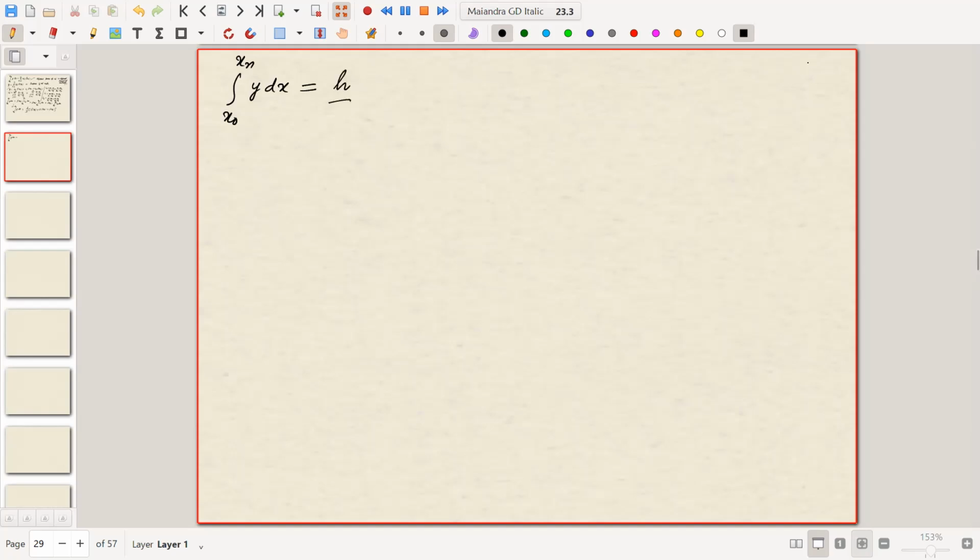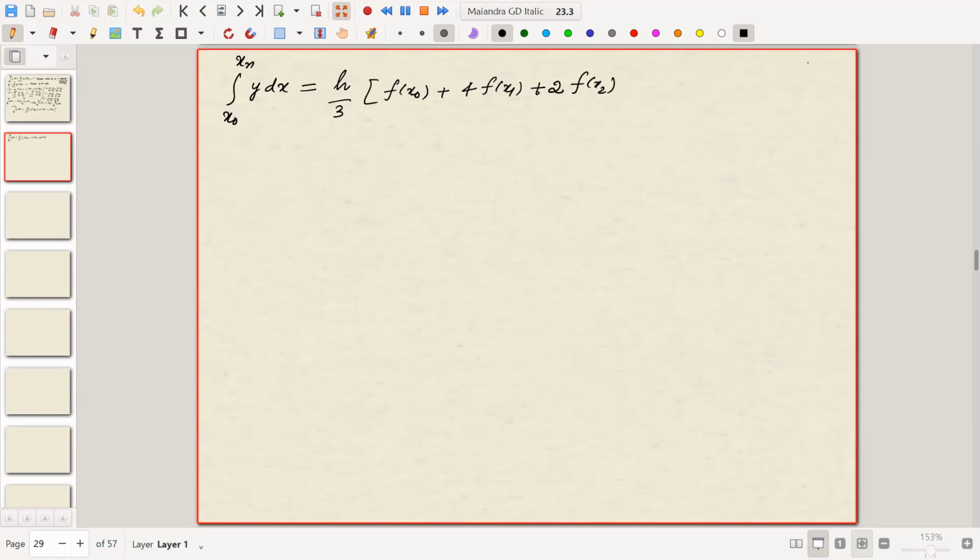The same h by 3 will be there, that's for sure, right? Then f of x0 plus 4 f of x1 plus... that's where the trick is. Another patch will be added up. So again, see why in the trapezoidal rule the 2 came.